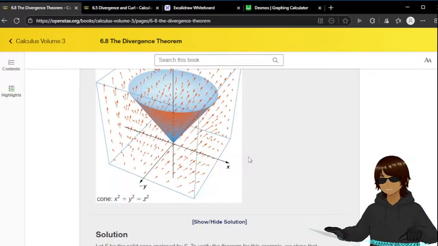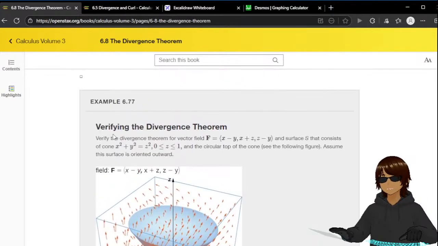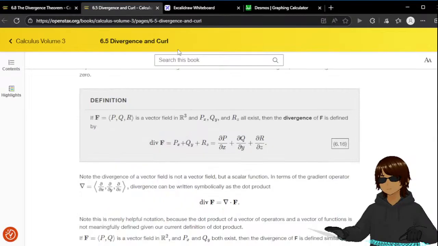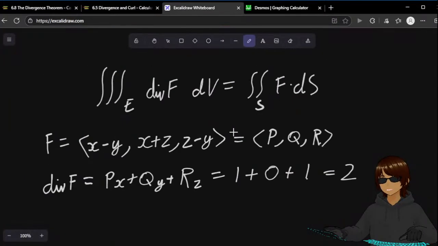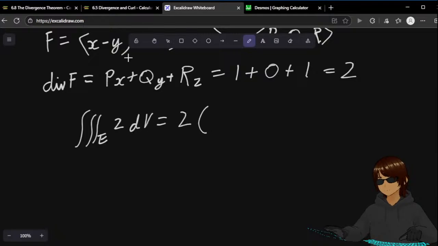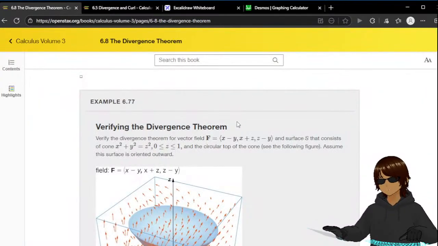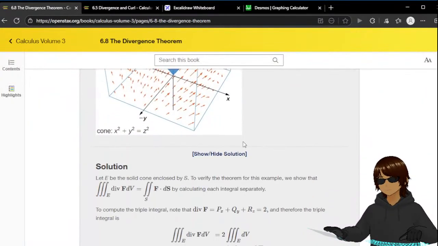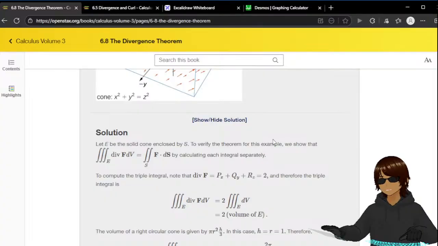But isn't that... oh, they're verifying the divergence theorem. Okay. Pi r squared h over 3, is that the formula?